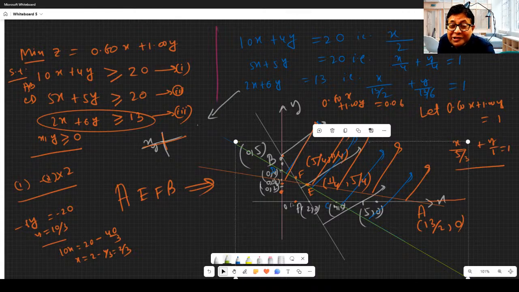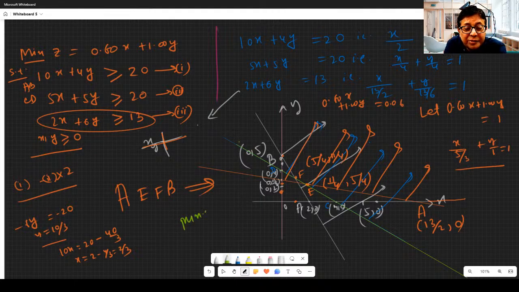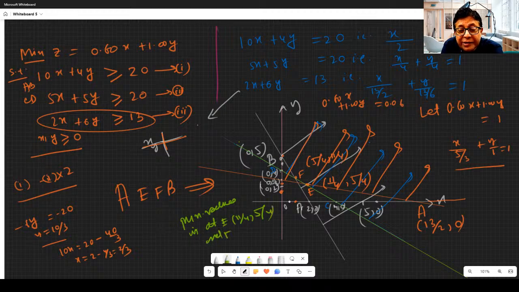So, no, not only E. Check carefully. It is intersecting both E and F. So it has its minimum most value at E and F, 5 by 4, 11 by 4.